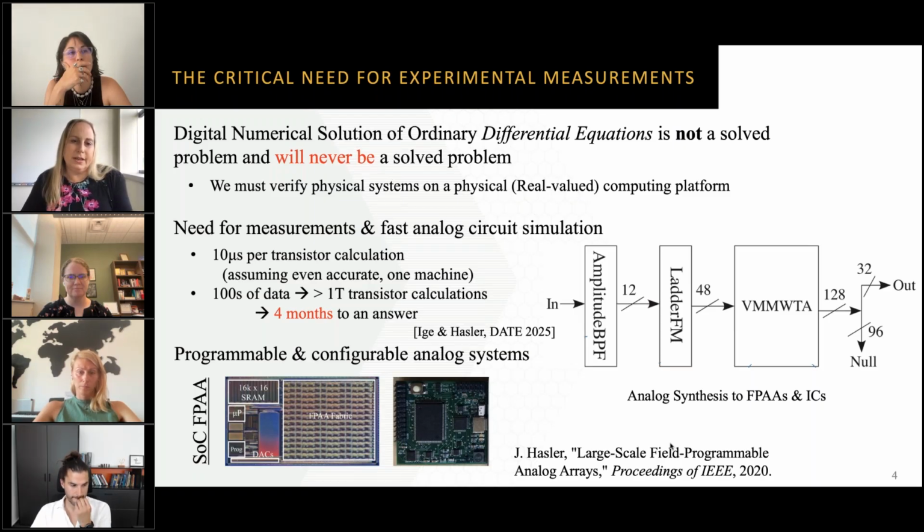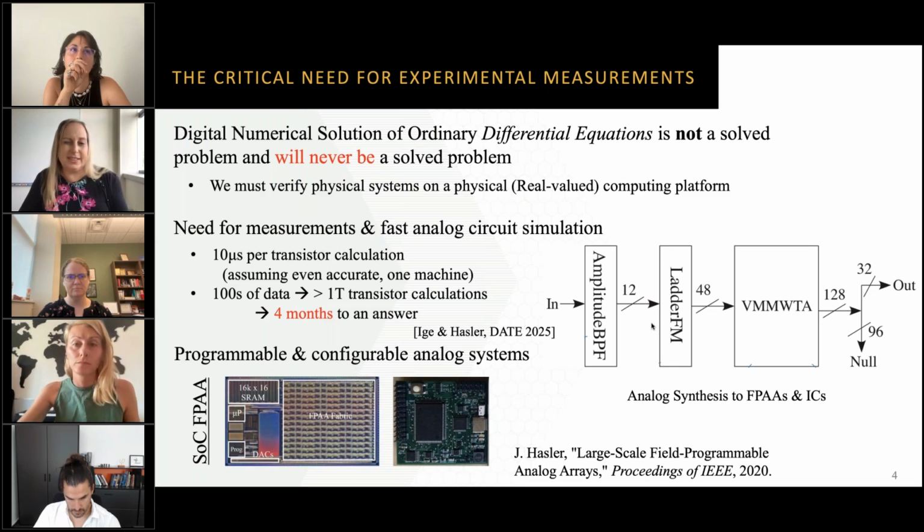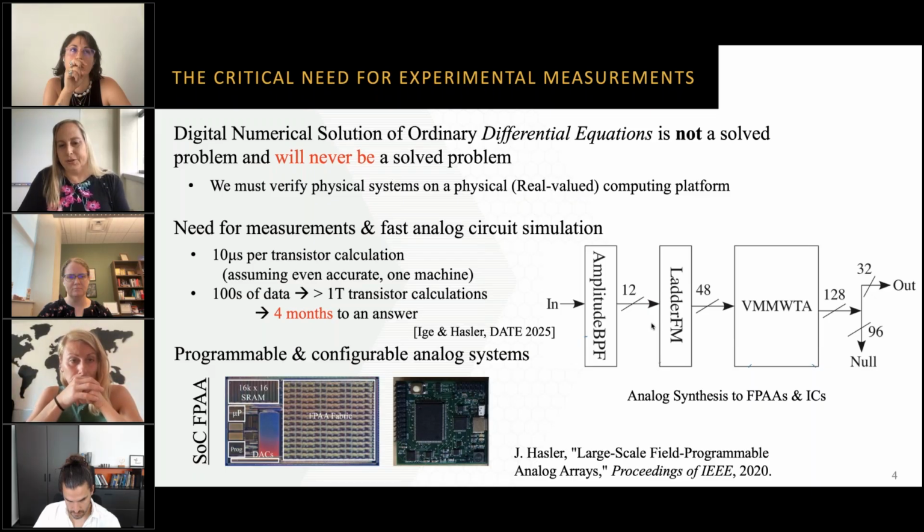But in this case, I would say fast analog simulation is a huge issue, because if you look at just a simple structure like here on the right, a simple analog classifier, assuming it's 10 microseconds per transistor calculation, I'm going to need more than 1 trillion transistor calculations for 100 seconds of data for a very simple analog classifier problem. That's going to take 4 months to get an answer. This is a huge problem and a huge open question, and probably needs some of both to make this work in some of these places.